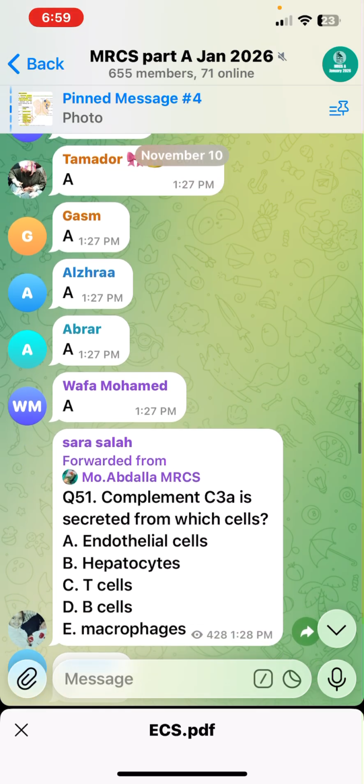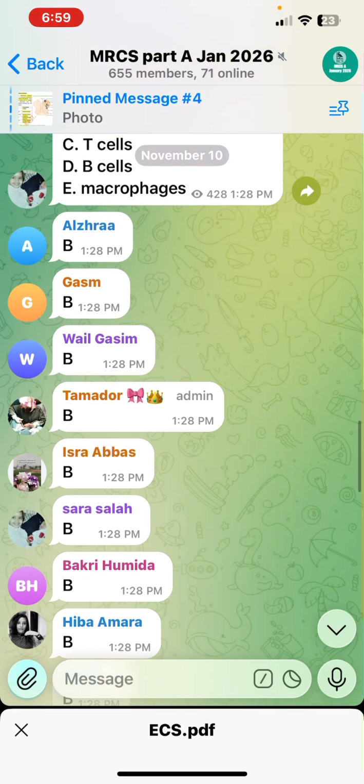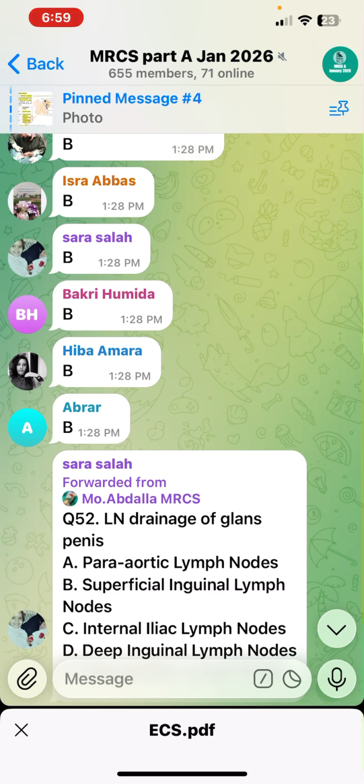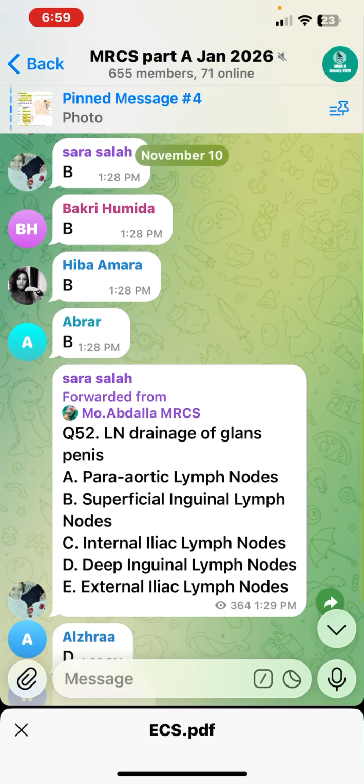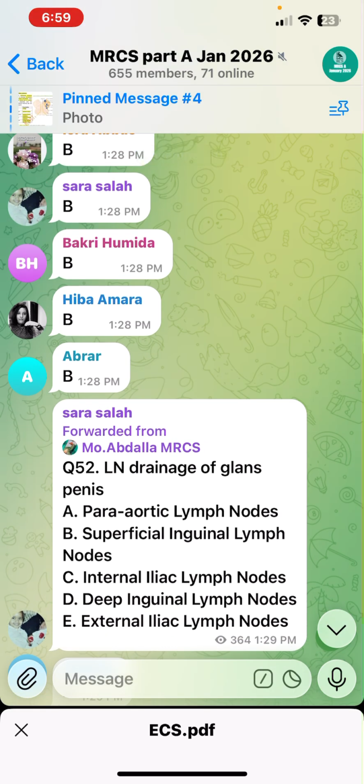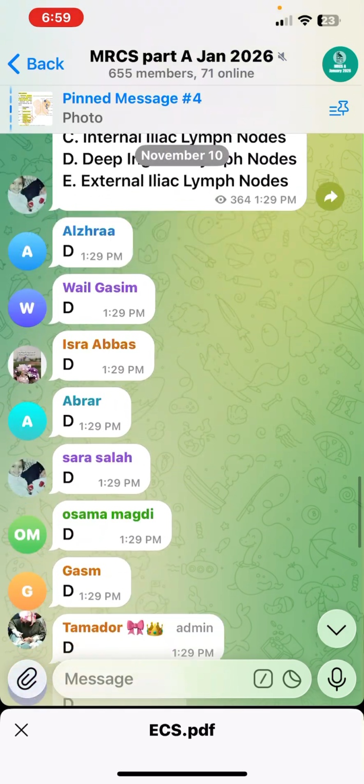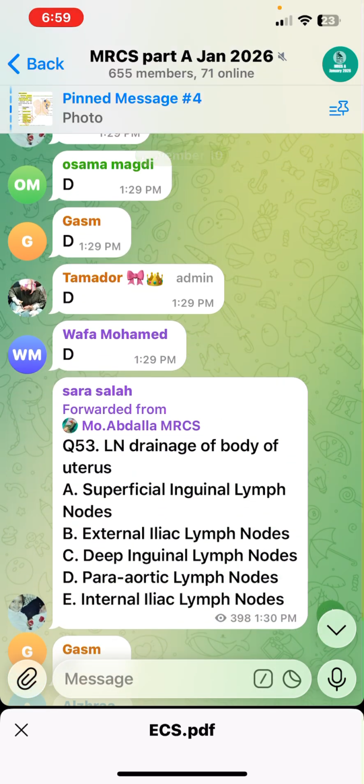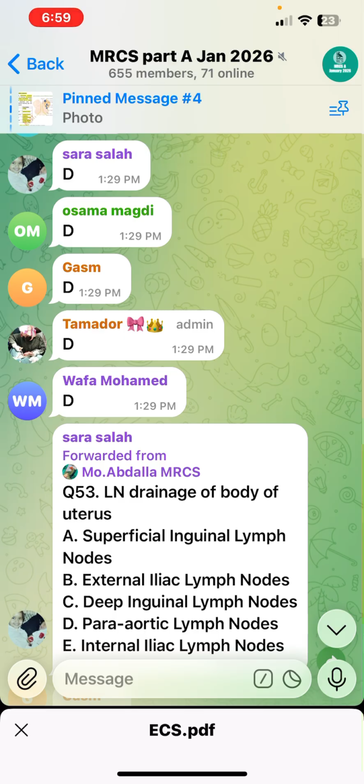Complement C3 is secreted from hepatocytes. Lymphatic drainage of glans penis is deep inguinal. Body of the uterus. Internal.